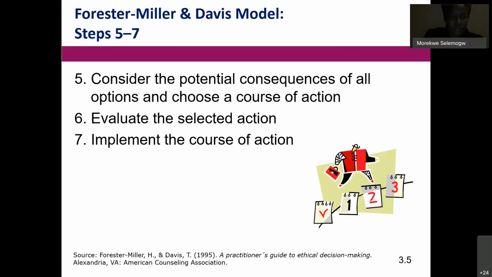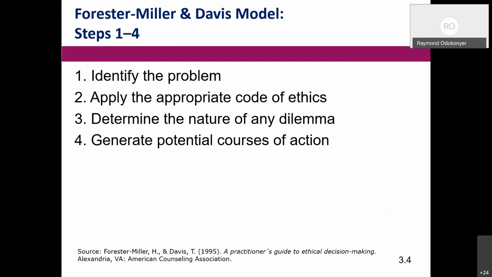The previous slide. I think it's just taking a moment to show up. Jessica, I think she wants 1 through 4. Oh, okay. Are you able to see it now?